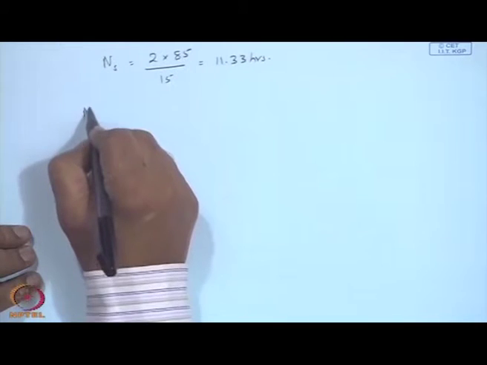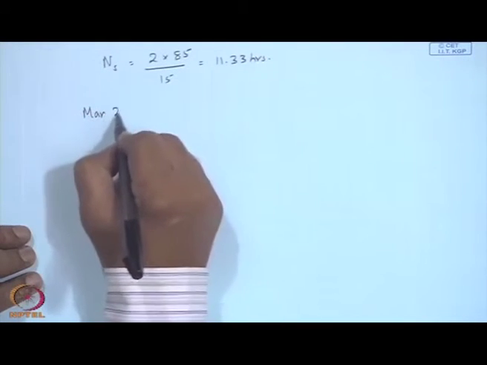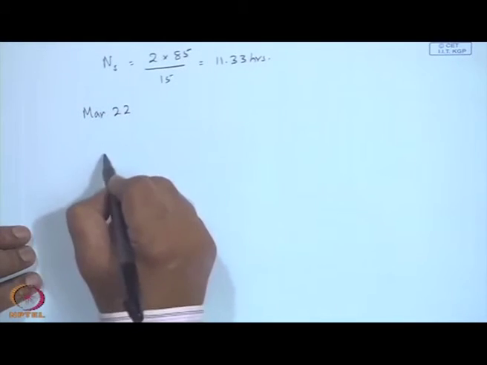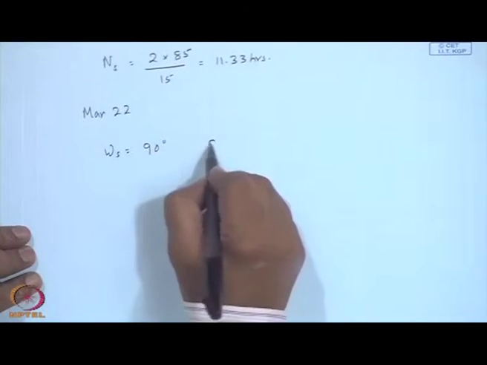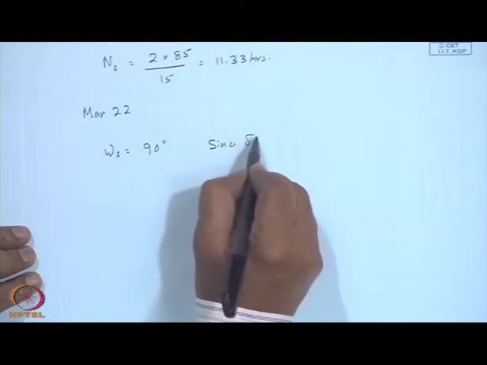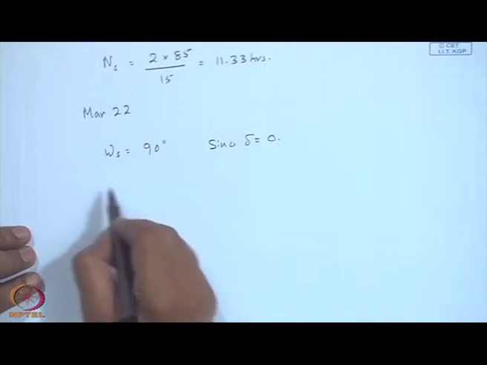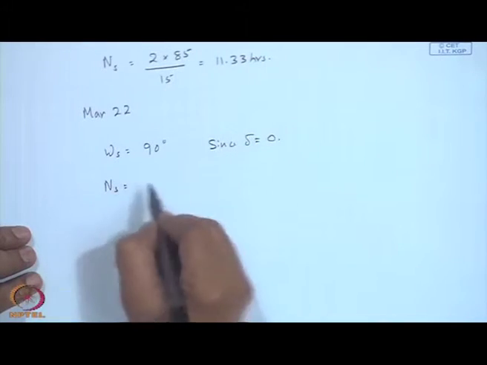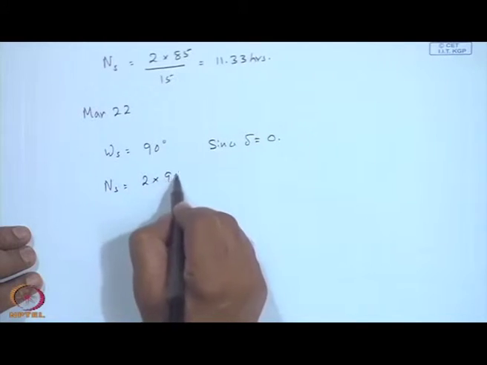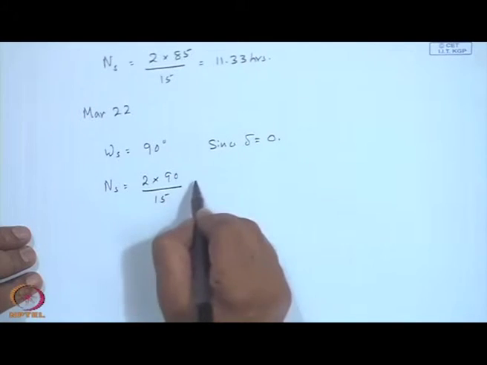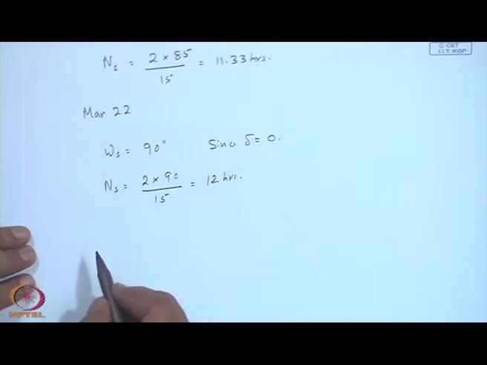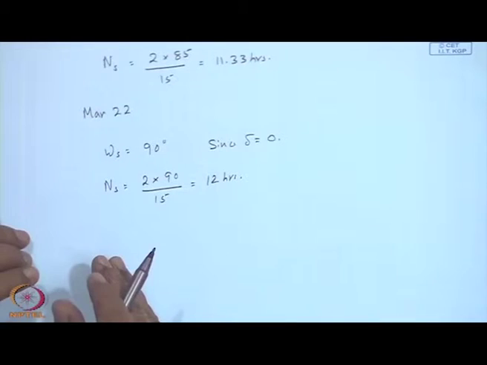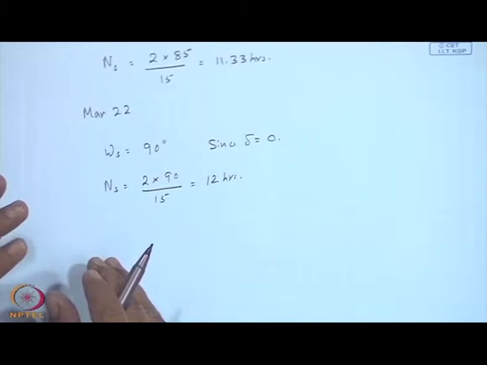And if you go for March 22nd, omega s will be simply 90 degrees, since delta is equal to 0, and N s will be 2 into 90 by 15, which should be 12 hours. So, on equinoctial days, wherever you are, you have an equal day and equal night of 12 hours.